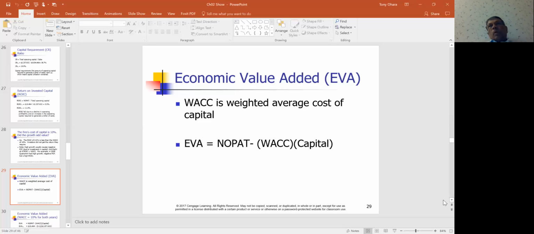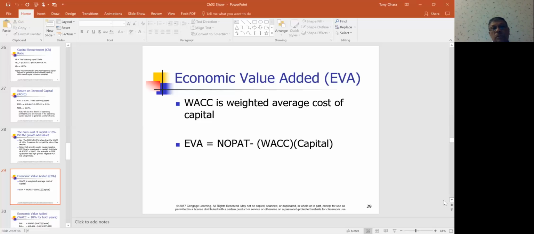So, if our weighted average cost of capital is 8% or so, and we're generating return on investment or net margins, stuff like this at 5 or 6%, we're not creating value. We're not creating economic value.